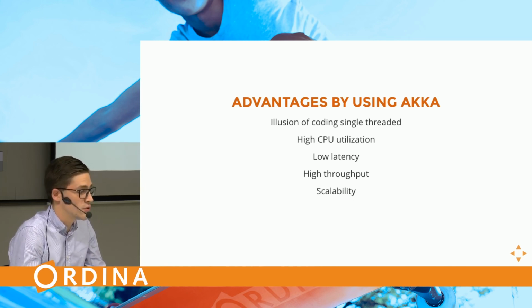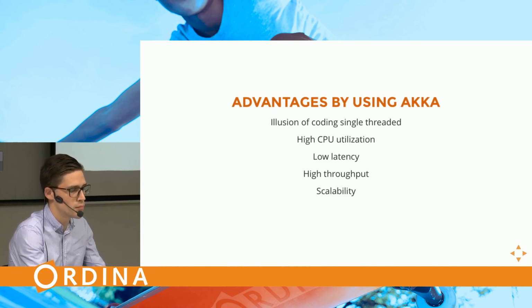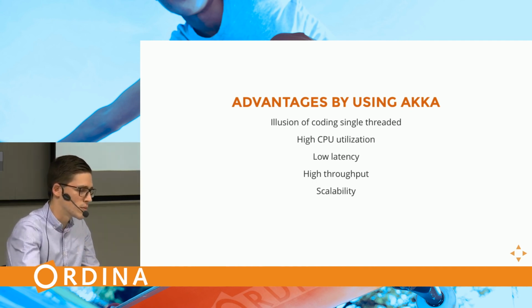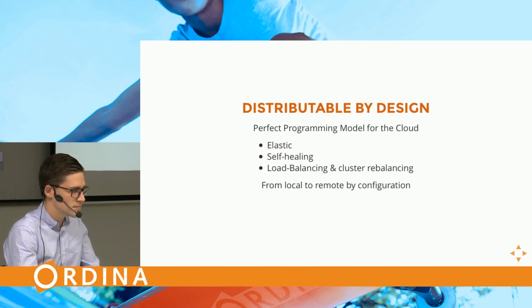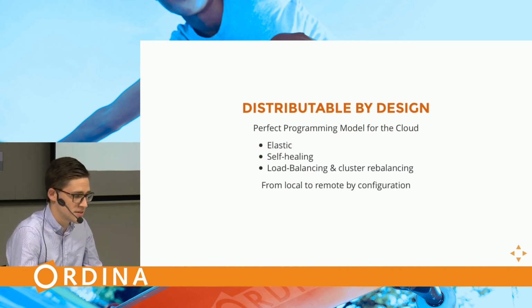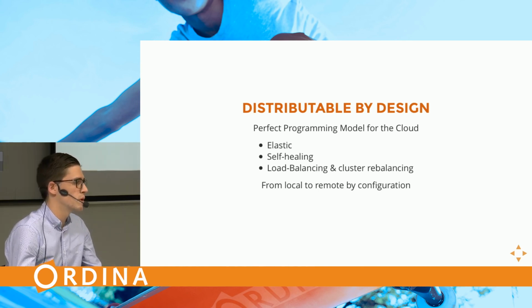Akka is very good at getting the most out of your CPU. It comes with low latency, high throughput, and scalability, both horizontal and vertical. So you can add more machines or increase your CPU or RAM, and Akka is able to take advantage of all this. Akka is distributable by design, so it is the perfect programming model for the cloud.